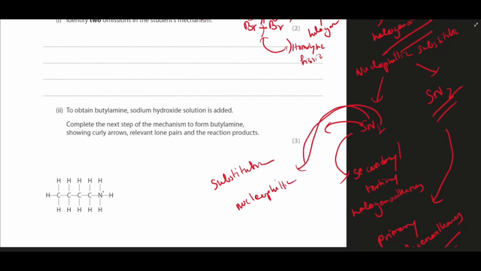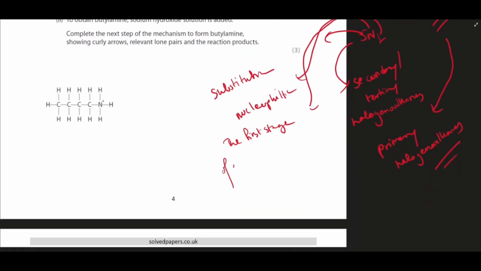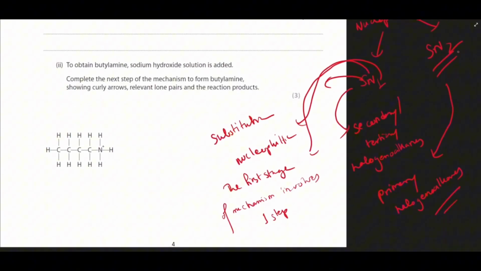And one basically means the first stage of mechanism involves one step. So I think you can understand what happens in SN2. Everything is same, it's just that there are two steps in the first stage of the mechanism. Did you get my point? So this is what SN1, SN2 represents basically.